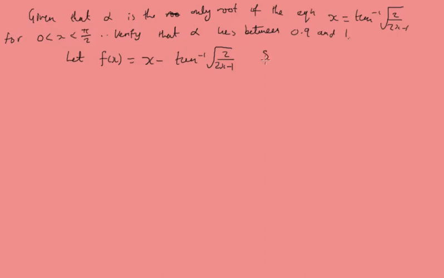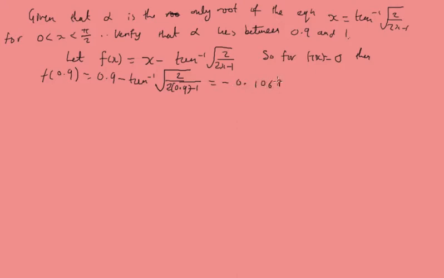So for f of x equals 0, then f of 0.9, so if it lies between these two, f of 0.9 must be 0.9 minus the inverse of tan 2 over, and we get minus 0.10685.